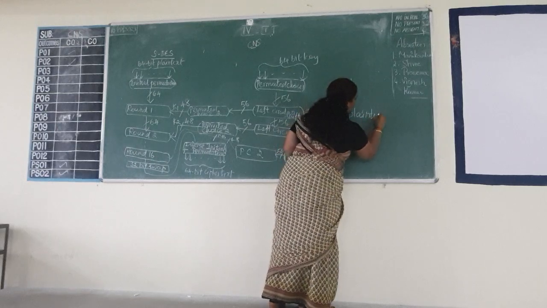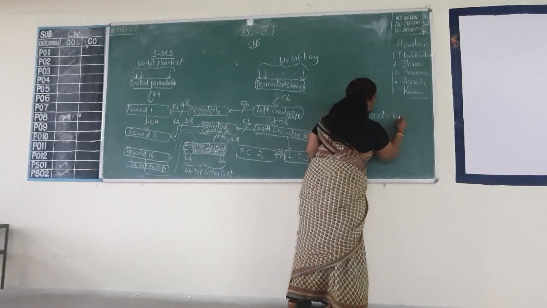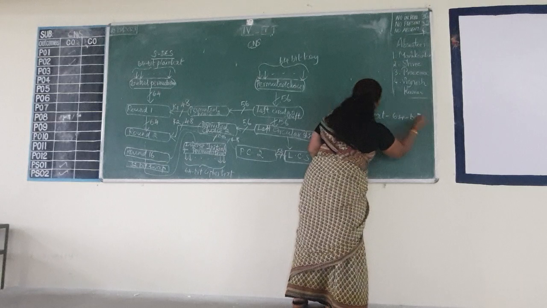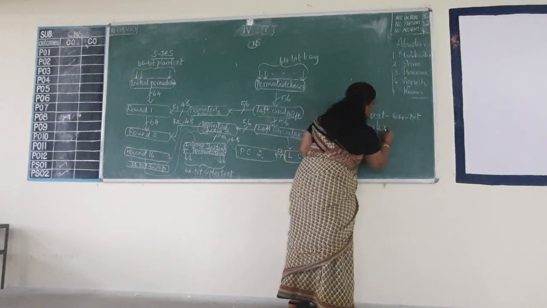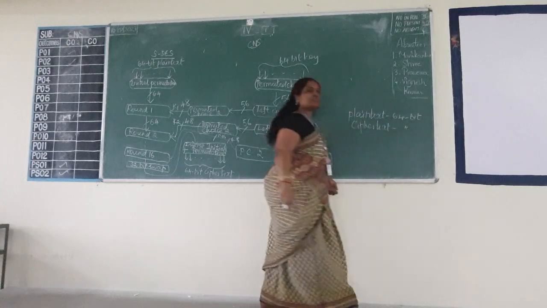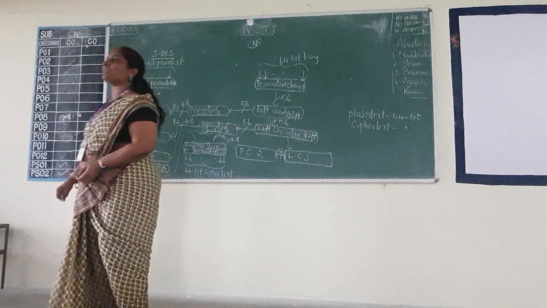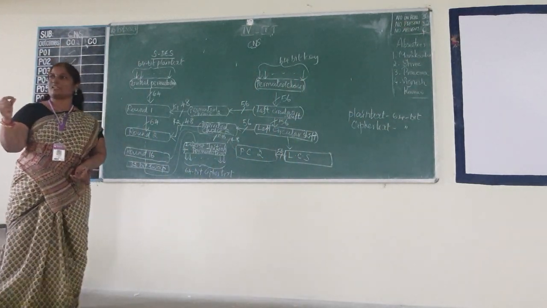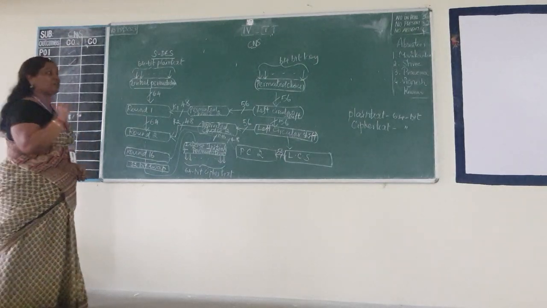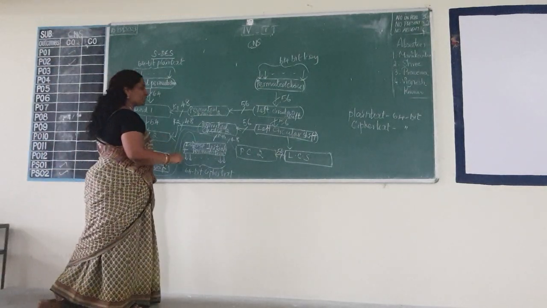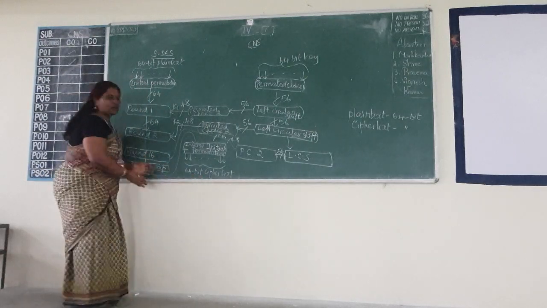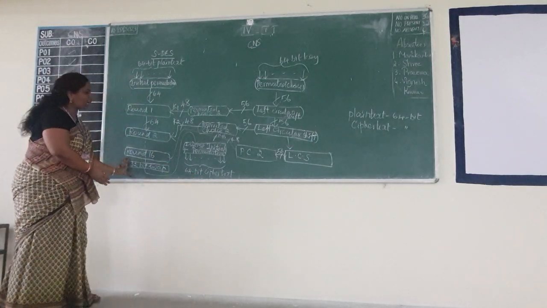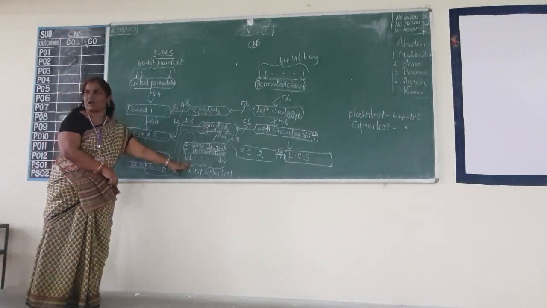The plain text will be 64-bit, and the ciphertext also will obviously be 64-bit. A 64-bit plain text is taken as the input for the encryption algorithm, and the algorithm produces a 64-bit ciphertext as the output.